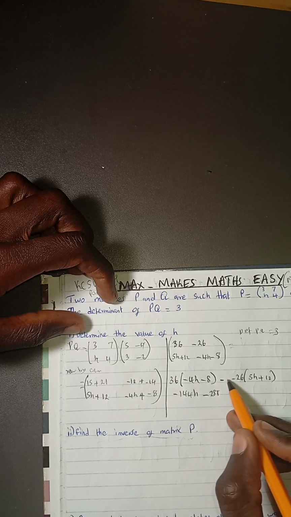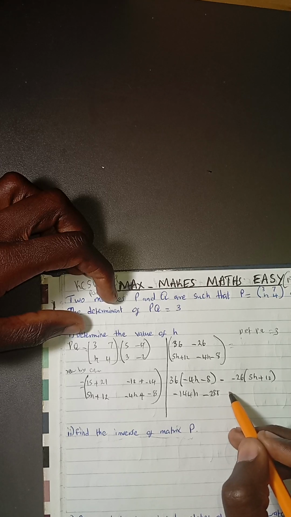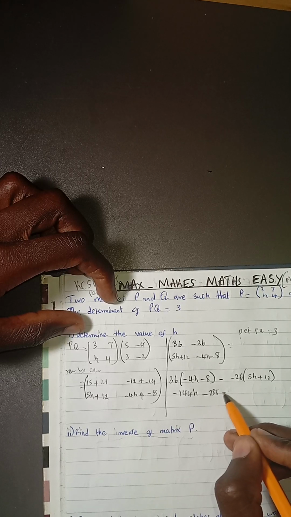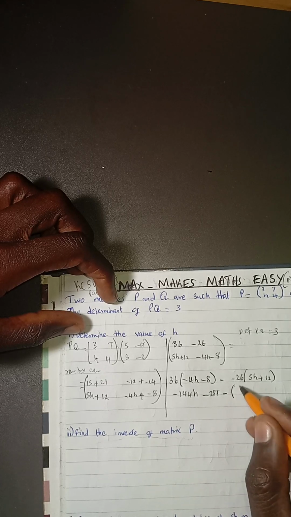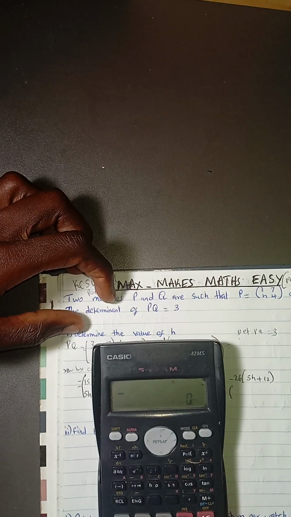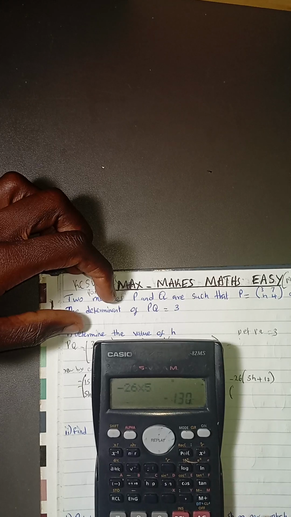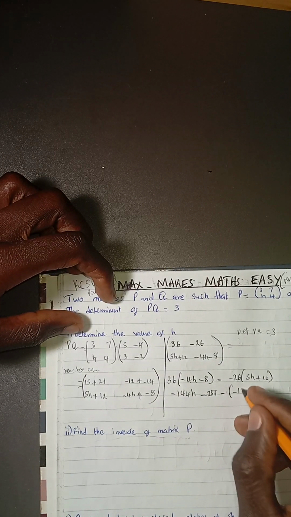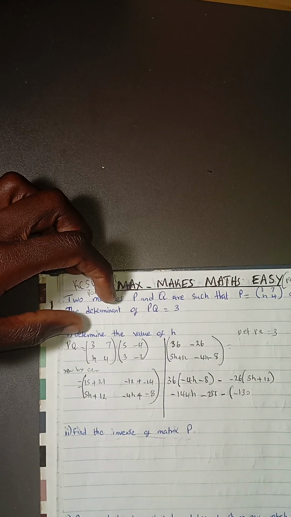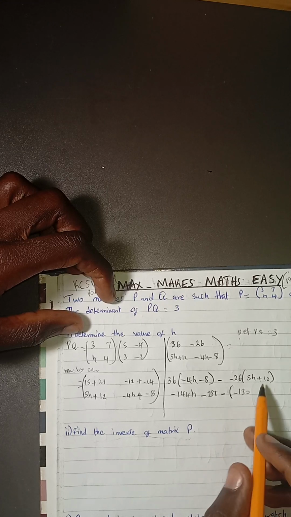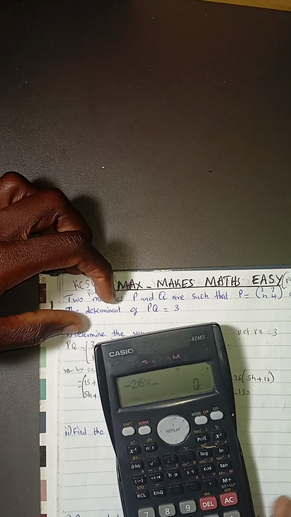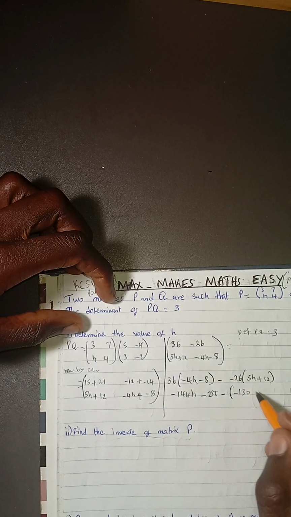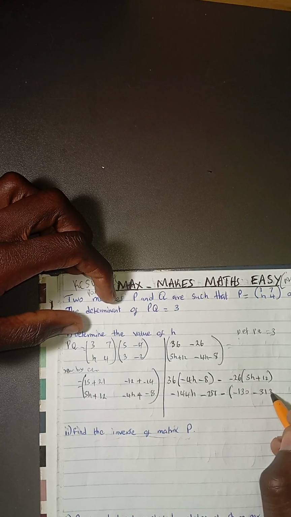Then this minus, it will be minus 26 times 5h, it will be -130h. Then minus 26 times 12, it is -312.